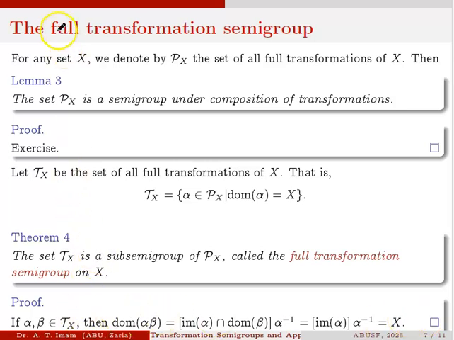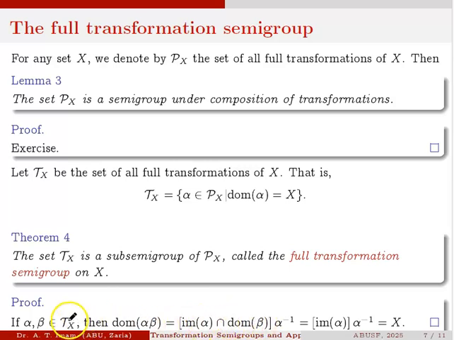And so if you go by the definition of the domain in the previous slides, we can now see that if you take two maps, alpha and beta, from the collection of all full transformations, then the domain of the composite, by the definition, will be the alpha inverse of the intersection of Im alpha with the domain of beta.